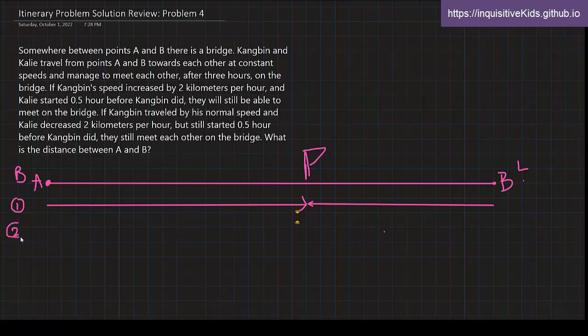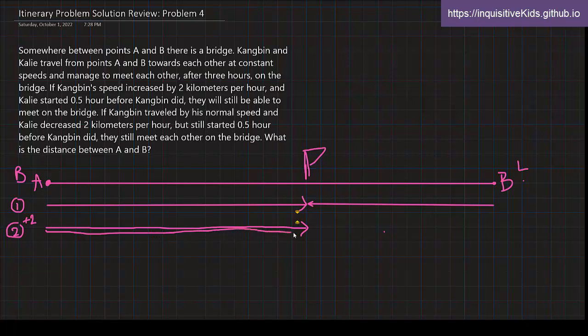Now this is number 2. Kangbin increased his speed by 2 kilometers per hour. To represent that, I'll write a quick plus 2 here to show that he increased his speed. And they still meet at the same spot. But I'm going to make this a double line to show that it was an increased speed.